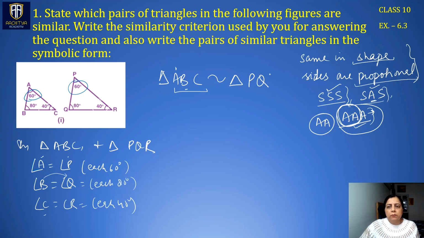Finally, we have C equal to R. So C is the last and R is the last letter in this. So don't try for making an alphabetical order in the names of the triangles. It is always according to the corresponding parts which are equal. So if it is triangle ABC here, it is triangle PQR and it is by AAA similarity, right?